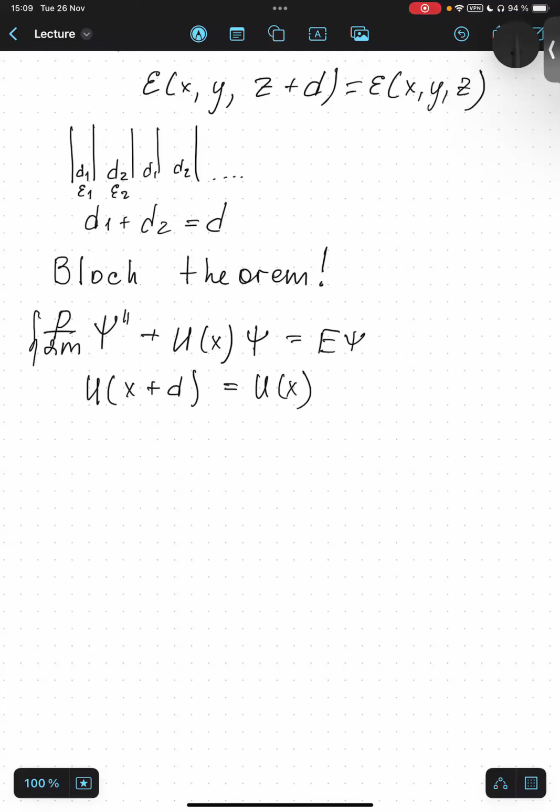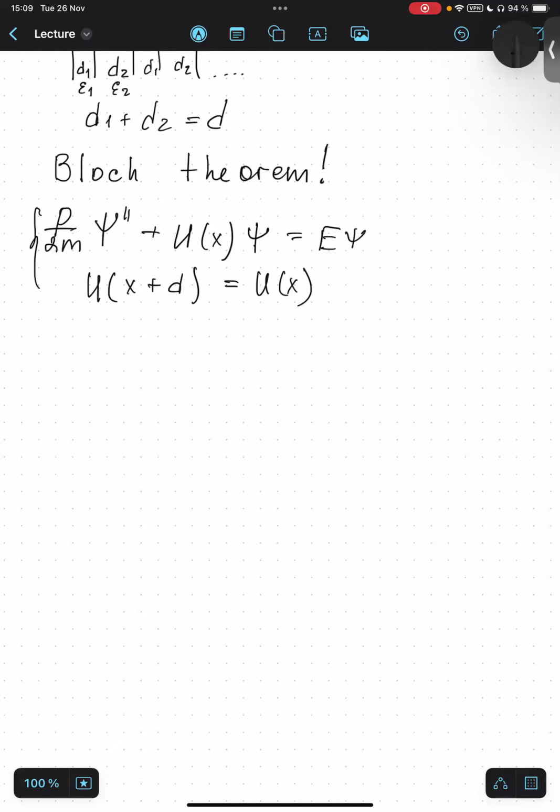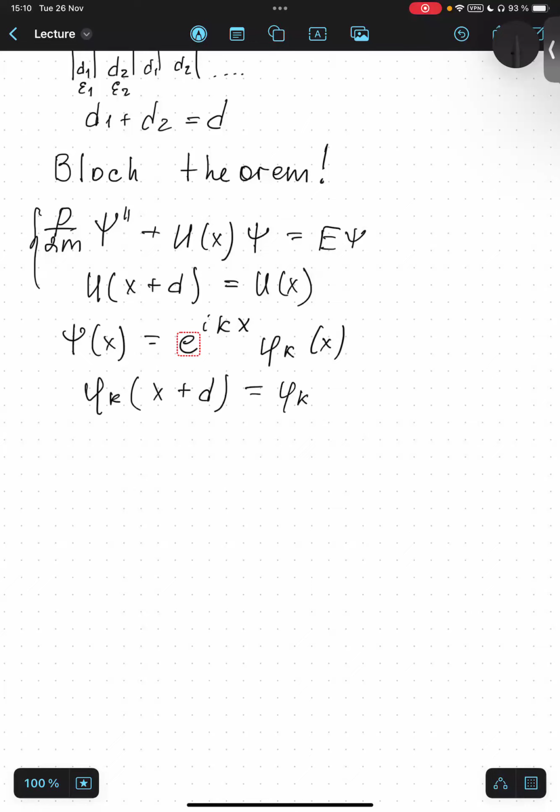So we have such a system. And the Bloch theorem says that the solution of such a problem can be written in this form: psi of x equal to e to the i k x times phi k of x, where phi is some periodic function, so phi k of x plus d equals phi k of x.